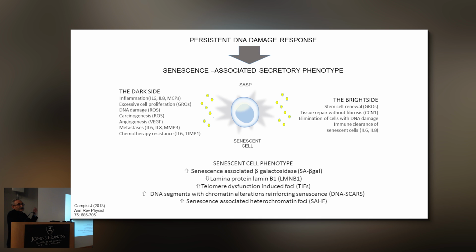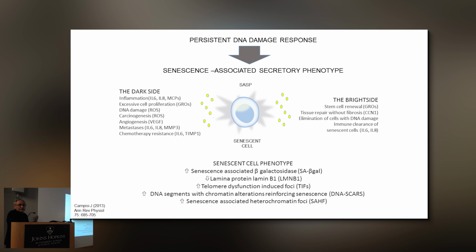So on the bright side, this persistent DNA damage response is a signal. There are chemokines that come out of the cell, encouraging the immune system to take the cell out, to remove it. But as you get older, the immune function doesn't work well enough or efficiently enough to remove this.